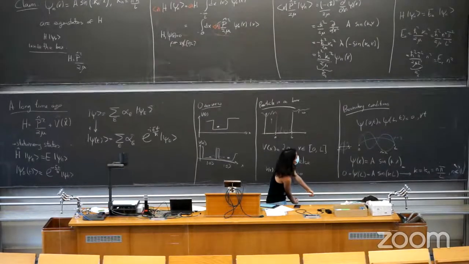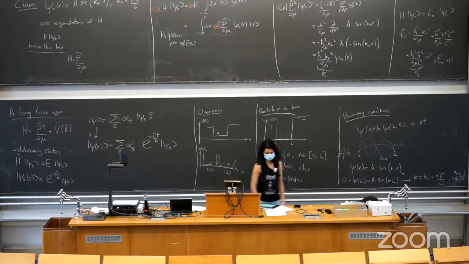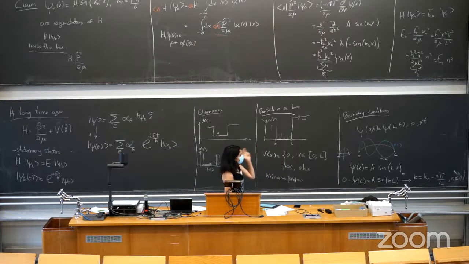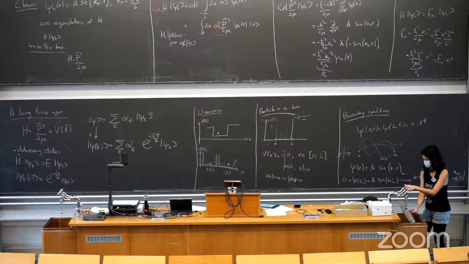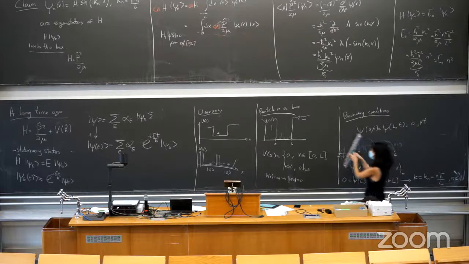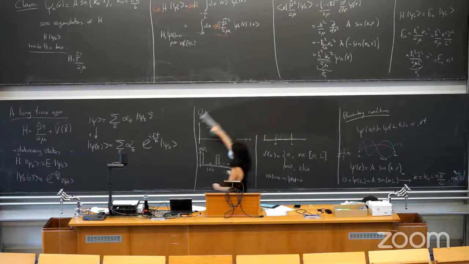The only thing we don't know yet is this constant A, and the constant A will come just from normalization, right? Because you need the whole wave function to be normalized.